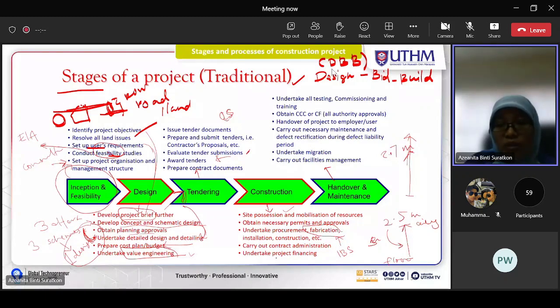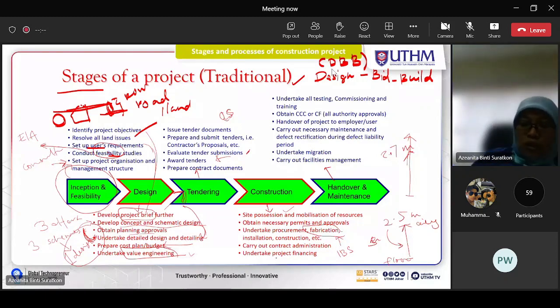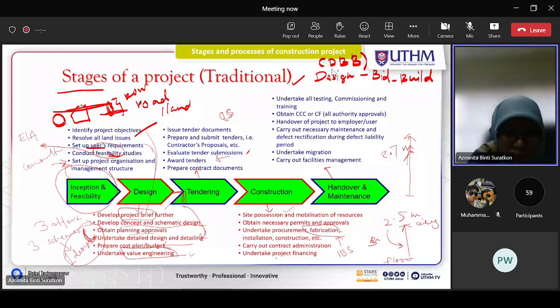And undertake project financing, because normally the contractor needs to use his own money first, before he gets the payment based on the progress of the work. Sometimes in a project they will have what we call advance payment. Advance payment is normally to help the contractor as capital to start the project.